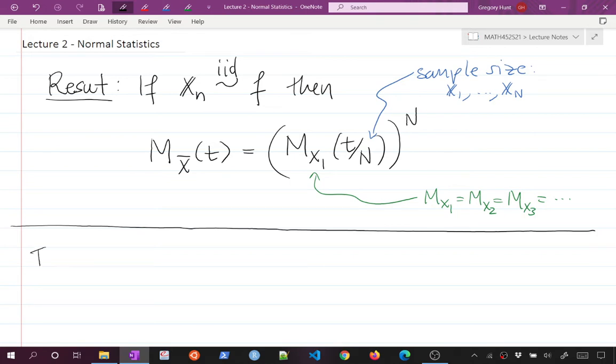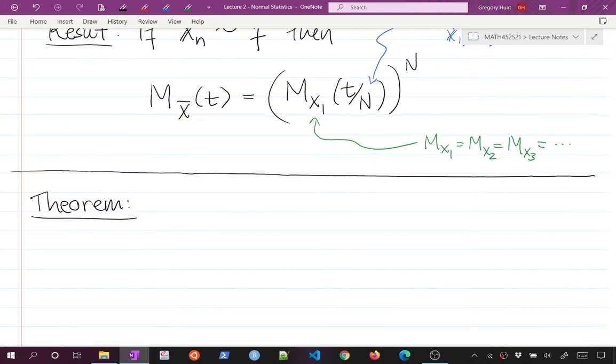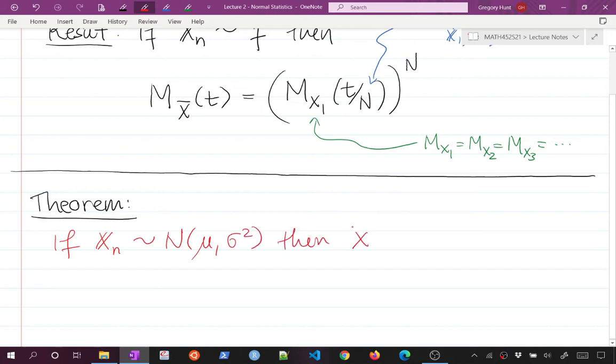So the theorem that we stated last time, which leads into today's lecture on normal statistics, or statistics for normal data, is that if my data comes specifically from a normal distribution, let's say normal mu sigma squared, then X bar, my arithmetic mean, will have a normal distribution with a mean mu and a variance sigma squared over n.